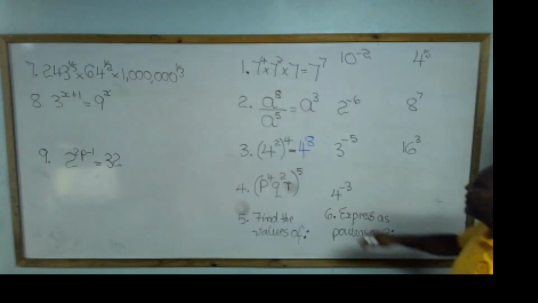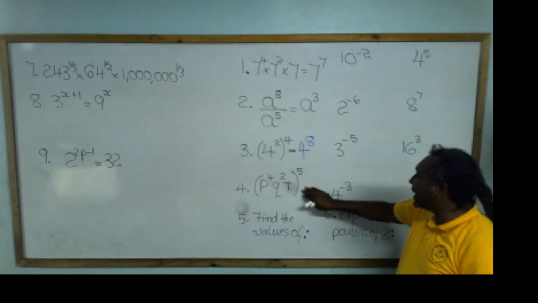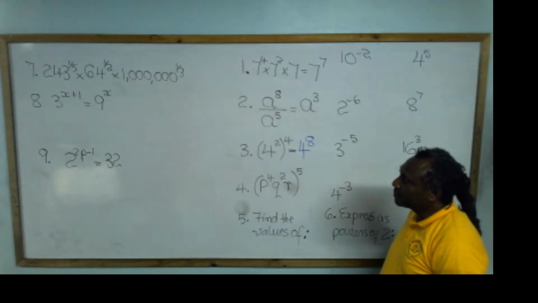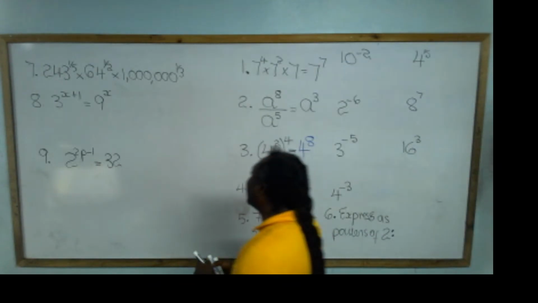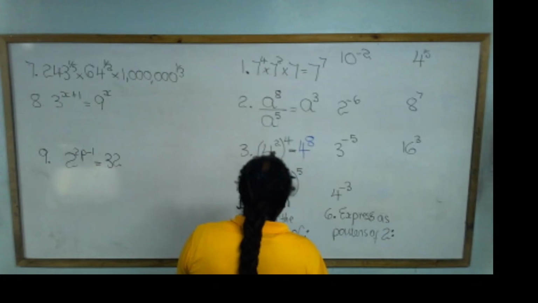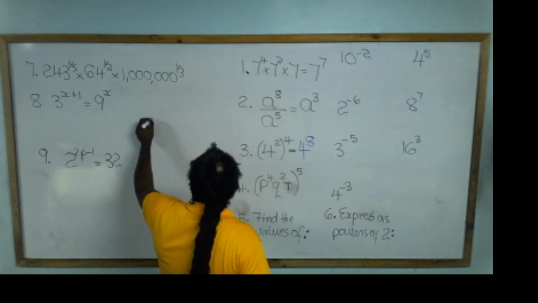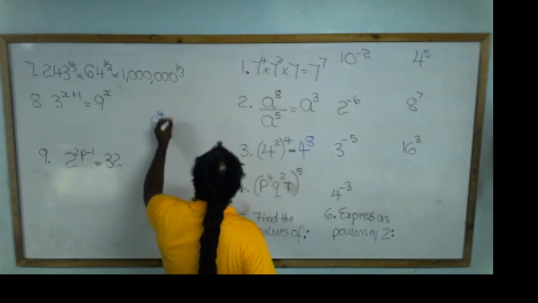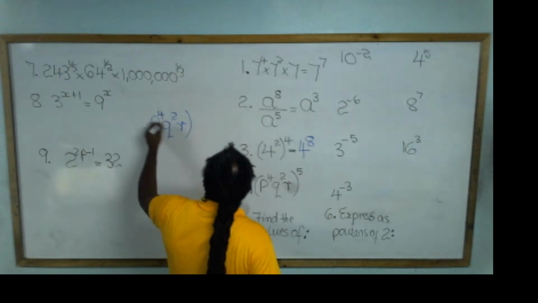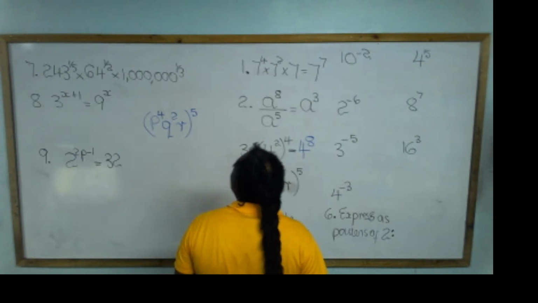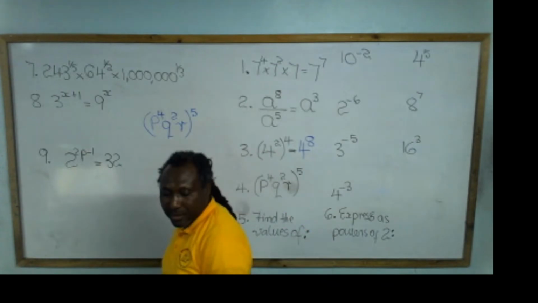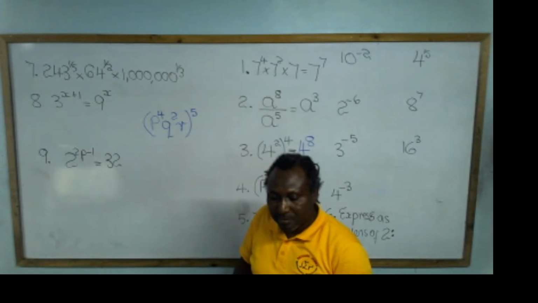For this one, what's the answer? I'm going to write it in blue over here. p to the power of 4, q to the power of 2, r, all raised to the power of 5. Now students, there is no way we can add those indices.